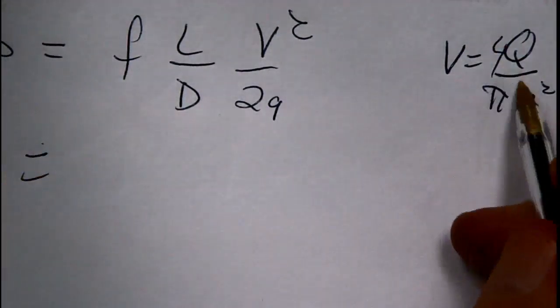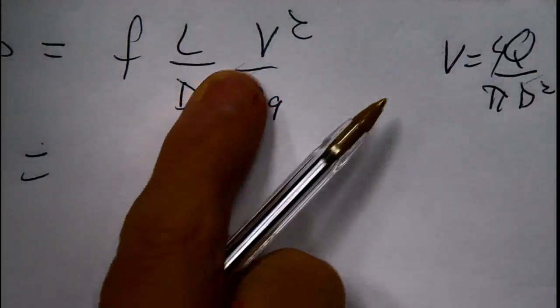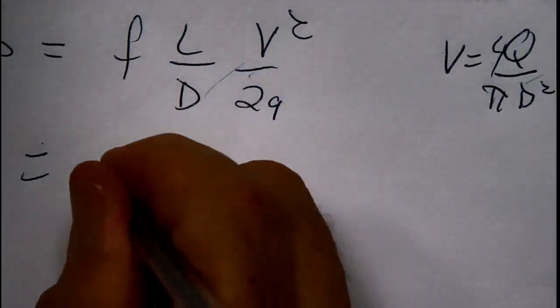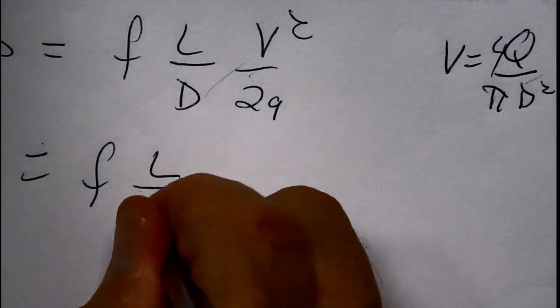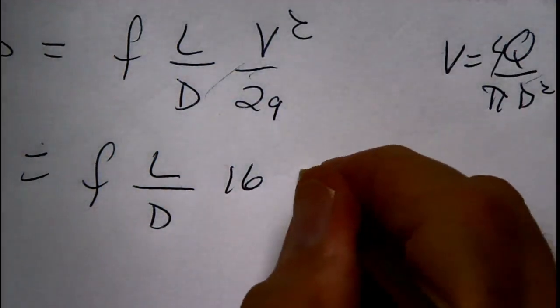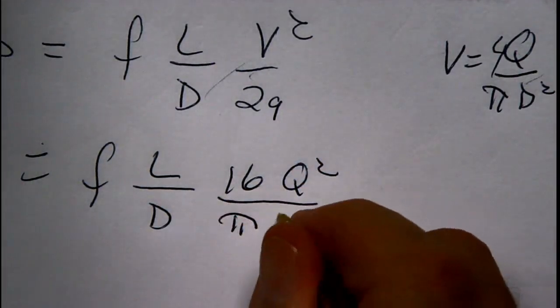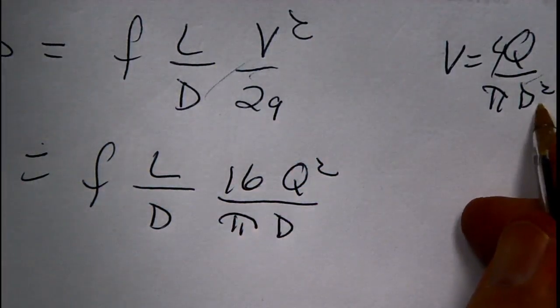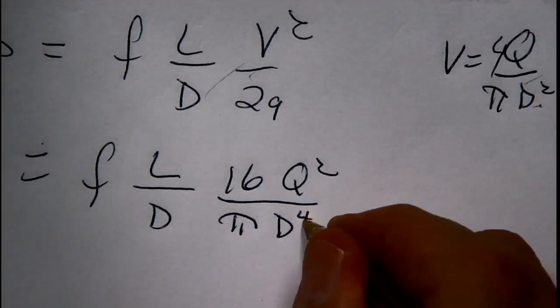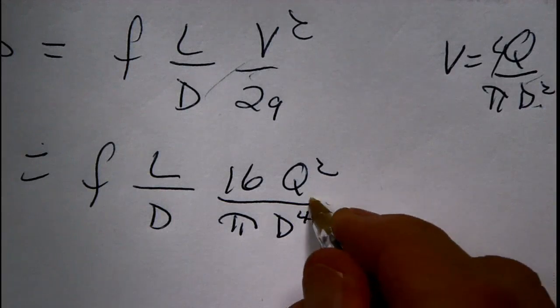If I rewrite this in terms of diameter and Q, I'll have FL over D, then 16 Q squared over pi squared D to the 4th, and then I have my 2g dangling along.